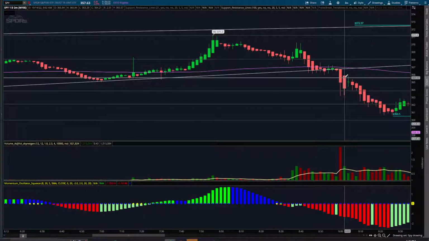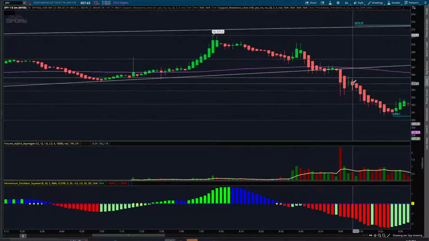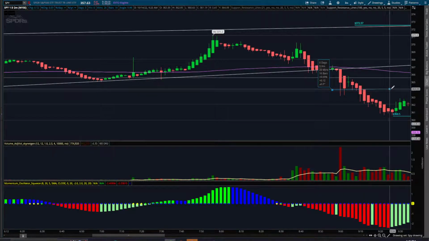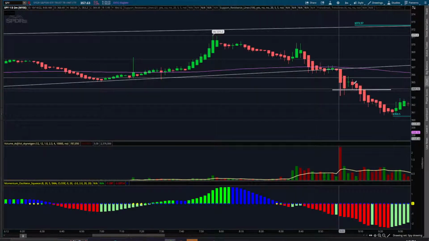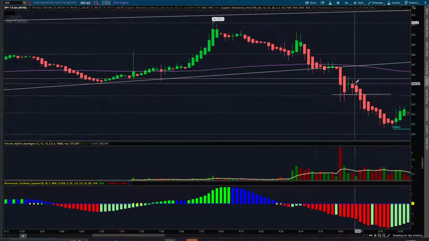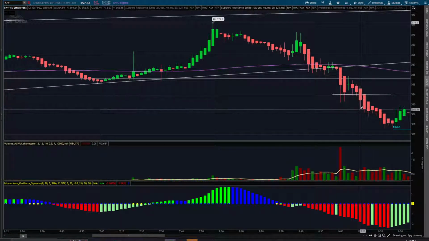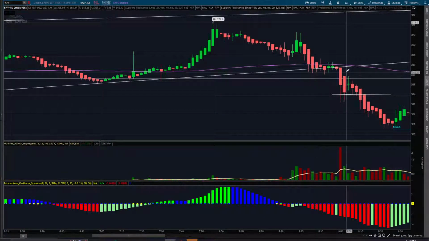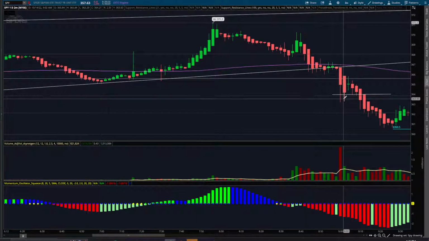So 364 is right here. Okay, 364 right here. We broke, and we broke with a flat top. Also, we broke in this area under the 200 right here, flat top.